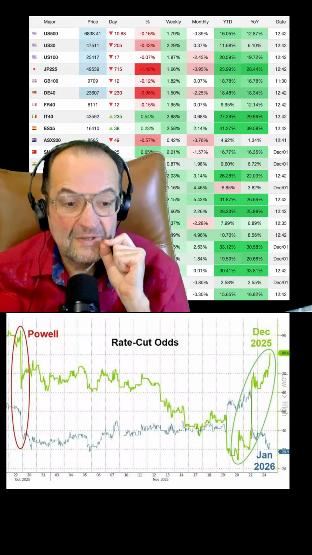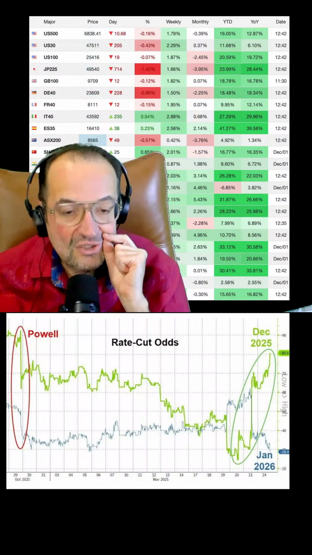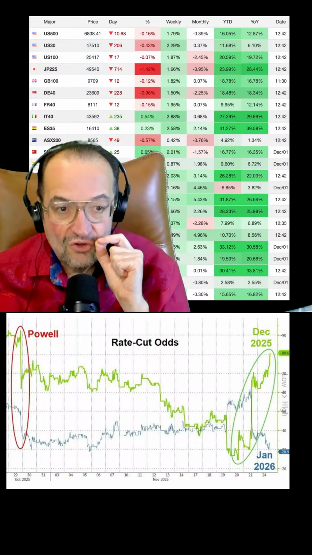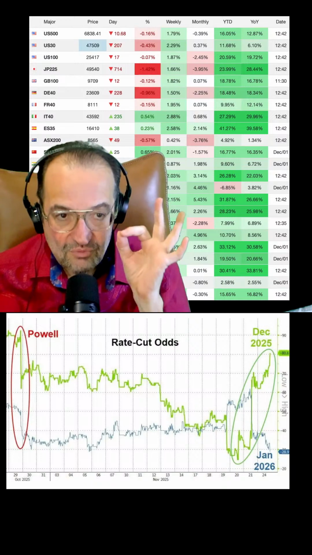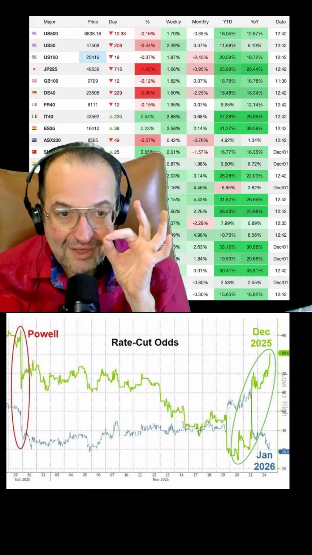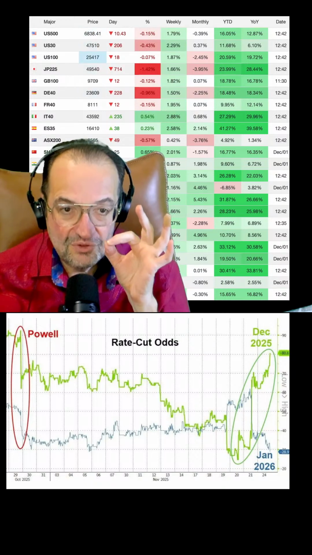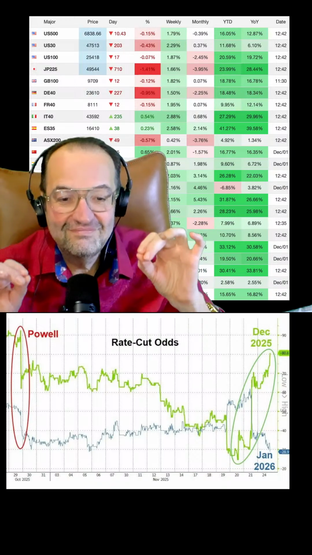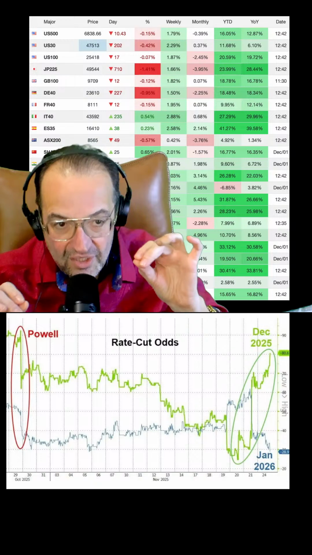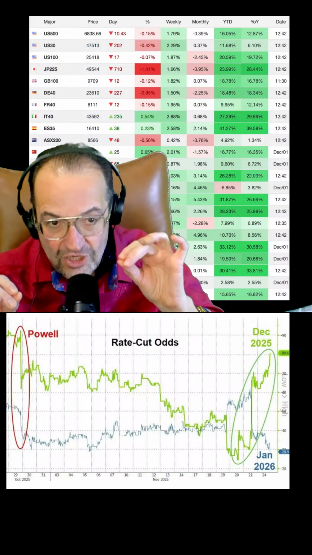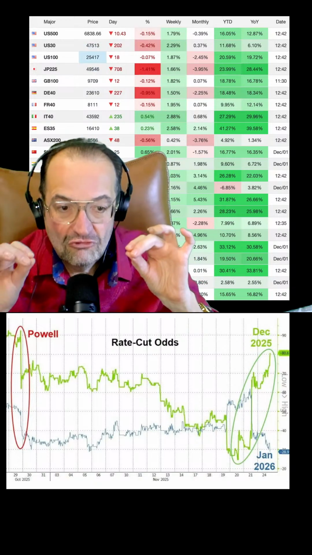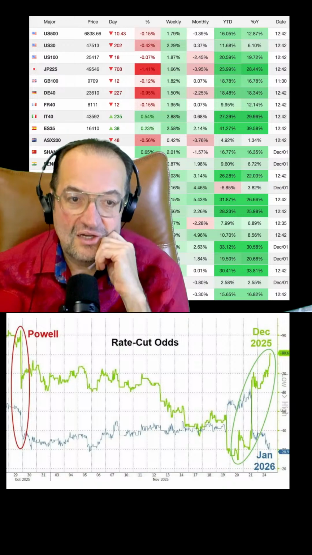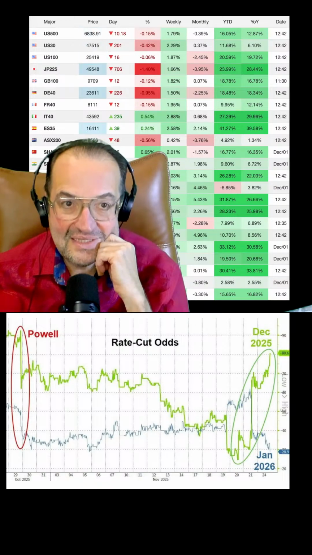And then, as we get closer, on the vertical axis, the blue line reflects implied odds of a rate cut by January 2026. The blue line is rate cut January 2026. The green line is rate cut by December 2025.